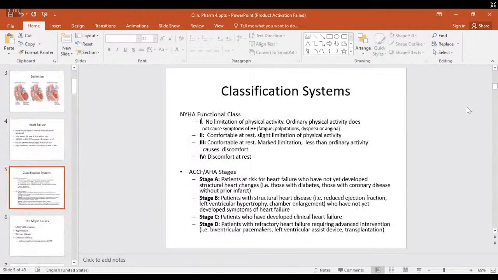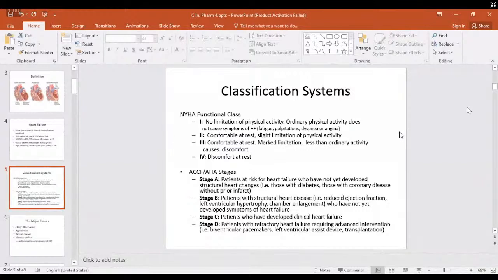This is the classification system of heart failure. The NYHA classification system is based on the functional class of heart failure. So when does our patient get symptoms? If it's class 1, usually they have no limitation of physical activity, and ordinary physical activities like walking to the market doesn't cause them any problems.